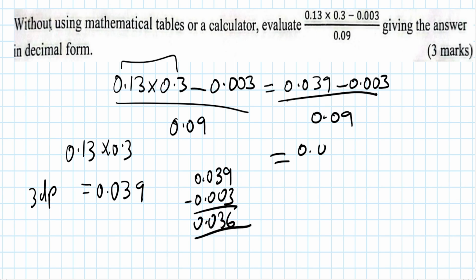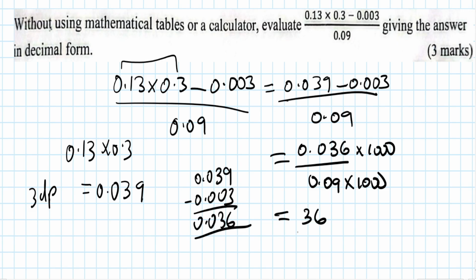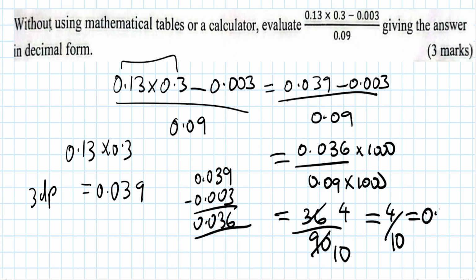So that is 0.036 divided by 0.09, then multiply by 1,000 and you're going to get 36 over 90. Divide by 9 is 10, divide by 9 is 4, and that is why 4 over 10 can be rewritten as 0.4. That is your decimal form.